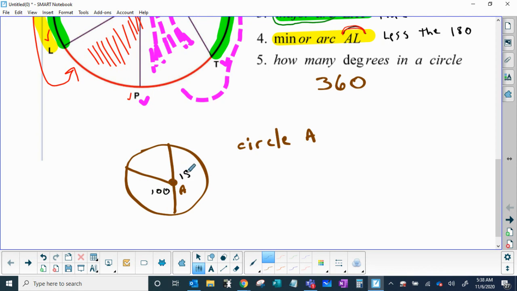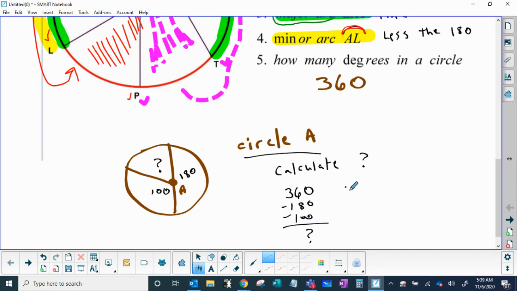And we'll call this 180 degrees. How much is the unknown? Calculate the question mark, right? So we know a circle is 360, and then we would subtract the 180 and subtract the 100 to get the question mark, okay?